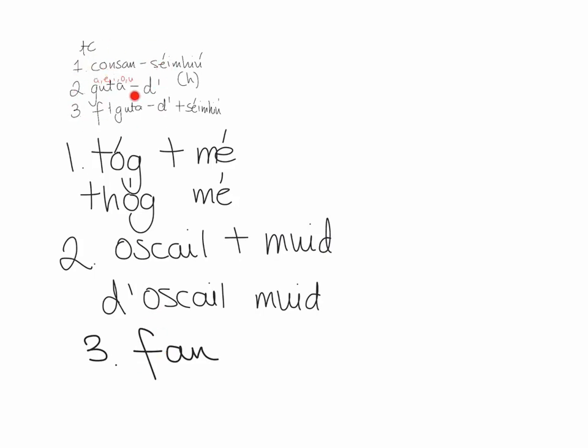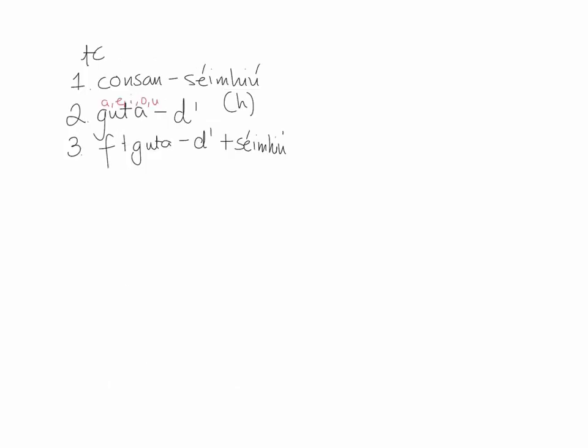F and A. So it's F followed by a vowel, so D apostrophe and séimhiú. So D apostrophe F H A N. Dhán mé.